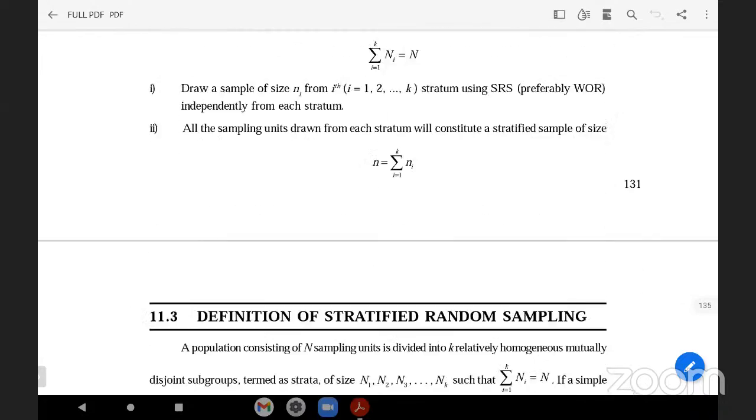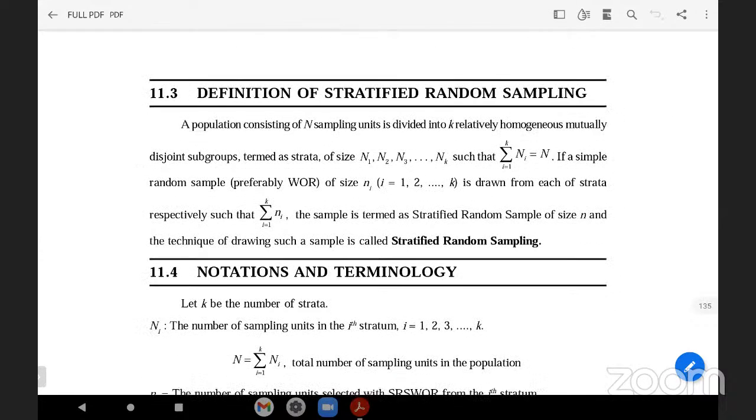So summation n, this is the simple definition of a stratified random sample. Capital N is the total, bigger size. It is divided in a systematic way, which is called a stratified random sample. There is one group, another group, another group. For example, one village has 200 families, another village has 500 families, and a city has almost 1 lakh families.